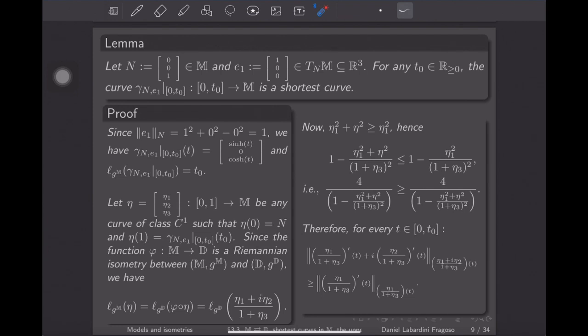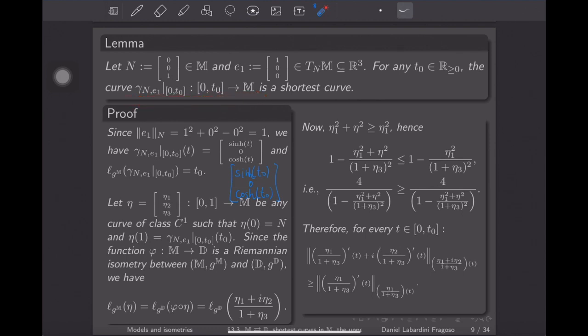Right, and now I would like to show that any other curve going from n to sinh of t naught, cosh, sorry, hyperbolic, of t naught, that any curve going from n to the endpoint of this curve has length greater or equal than t naught, because I want to show that this is a shortest curve between its extremes.